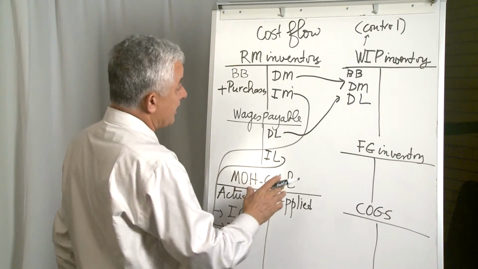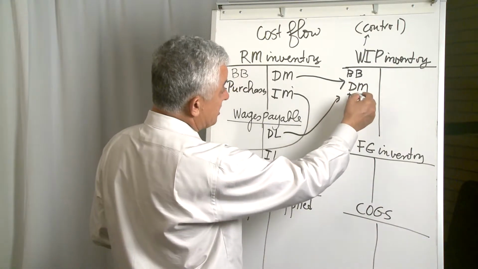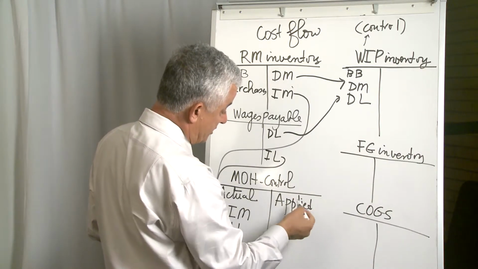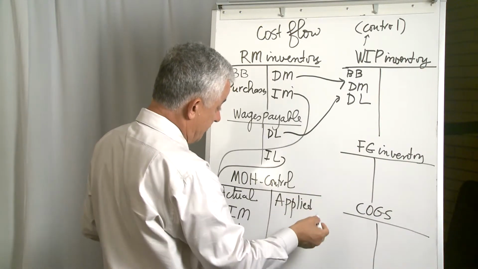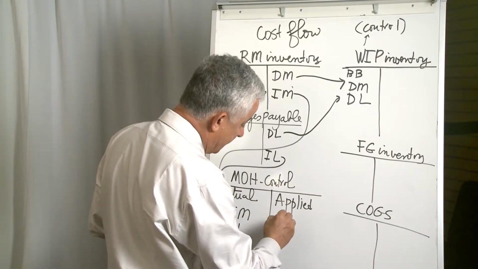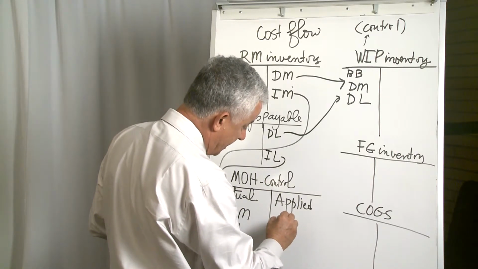So now, in addition to direct material used and direct labor, we need some other resources, which are the machines, computers, and buildings. So we apply manufacturing overhead here.